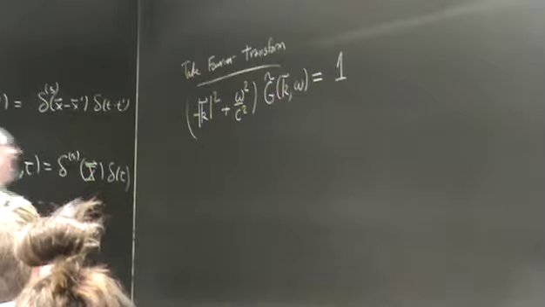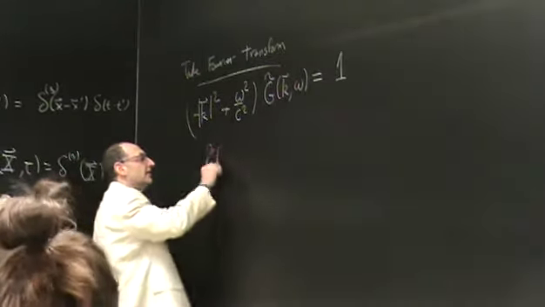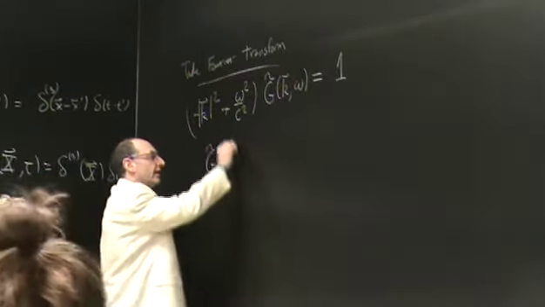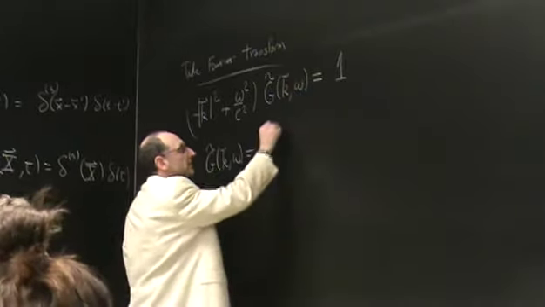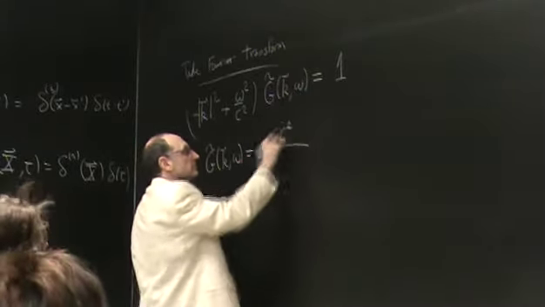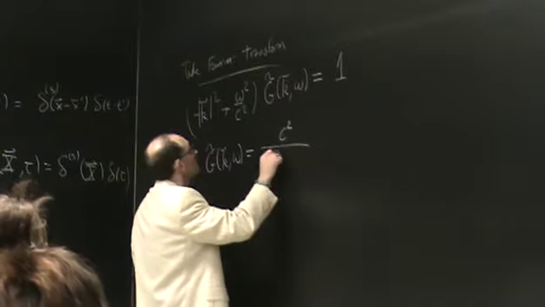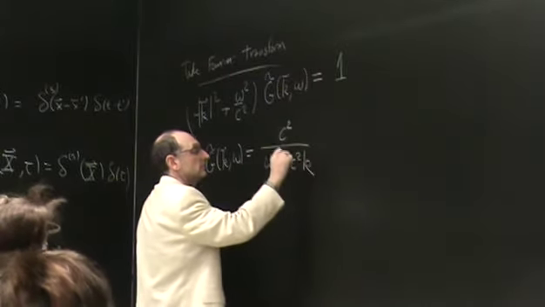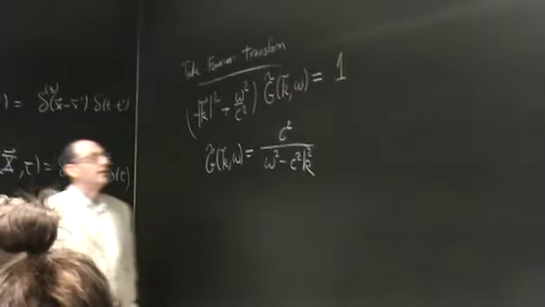So we now have the Green's function for the 3D wave equation in Fourier space.